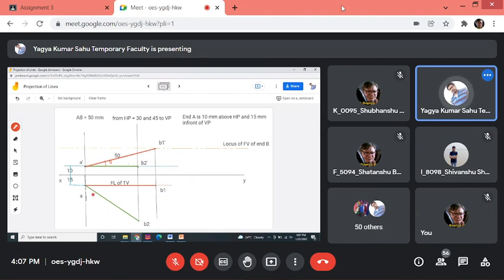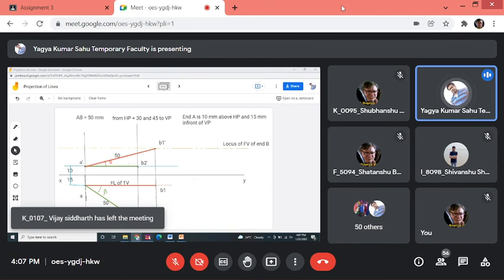Okay, so this AB1, sorry, not AB1, this AB2, small ab2 is the top view when line inclined to vertical plane only, and this is the inclination phi. Are you getting this one? And what about the length of ab2? Length of ab2, it is true length 50 mm.